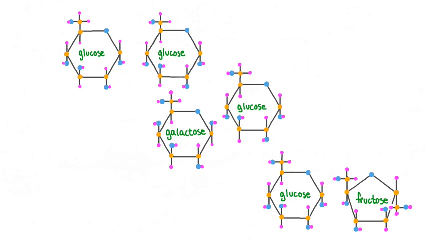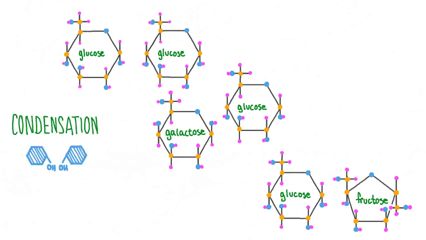Monosaccharides can bond together during a chemical process known as a condensation reaction. A condensation reaction occurs when the hydroxyl groups on 2 monosaccharides rearrange to share just 1 oxygen atom in what's called a glycosidic bond.